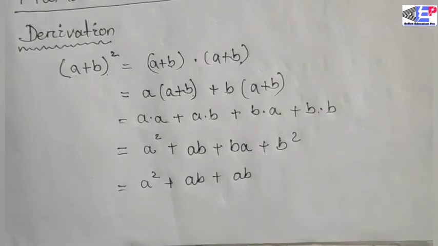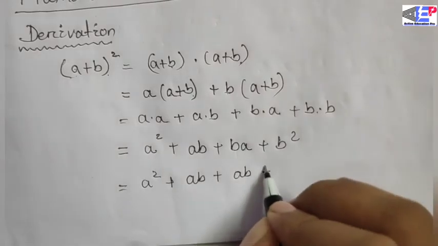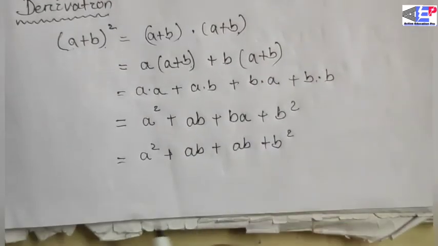When you multiply 2 into 3, its answer is 6. When you multiply 3 into 2, its answer is 6. If you change its order, no problem, the multiplication result will be the same. ab is equal to ba, then plus b square.